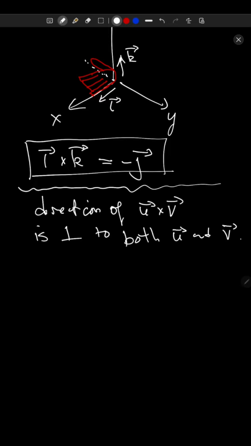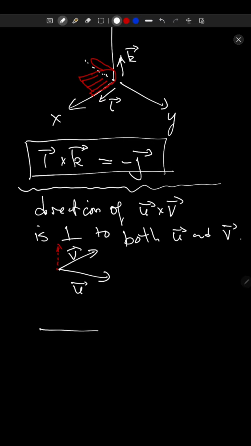Well, does that always work? If U and V look like this, right, no problem. We can even see in this picture what it's going to be, the cross product.